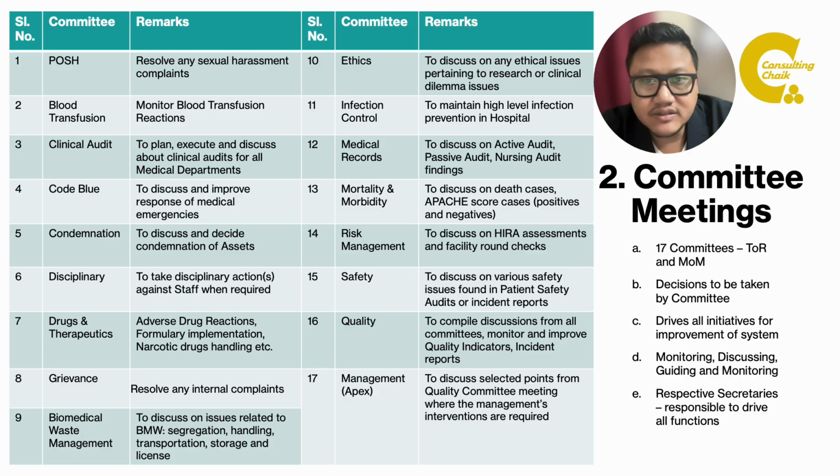Then you have medical records committee. The findings of active audit, passive audit, nursing audit are all discussed in the medical records committee. Also, the prescription audit needs to be discussed here. Mortality morbidity committee.